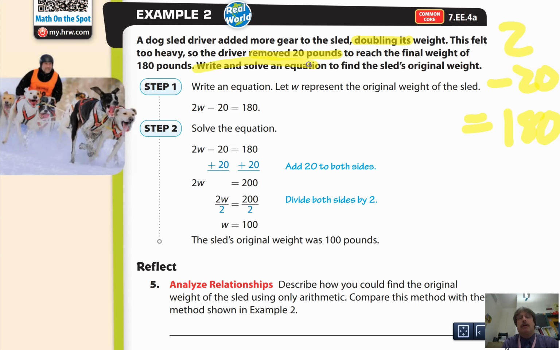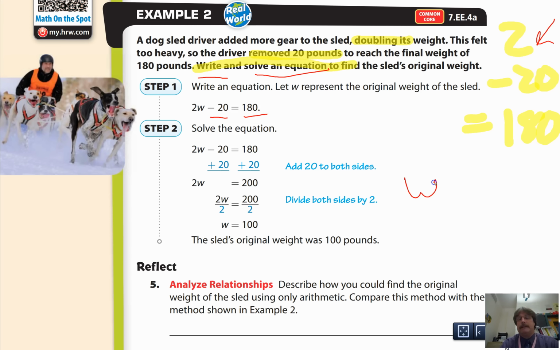Write and solve the equation. So 2 pieces there that you have to deal with. You have to write the equation. You have to solve the equation. Okay, so they've started it out 2 times whatever the weight is, because that's where he doubled it. He subtracted the 20 pounds, and the total then is 180.